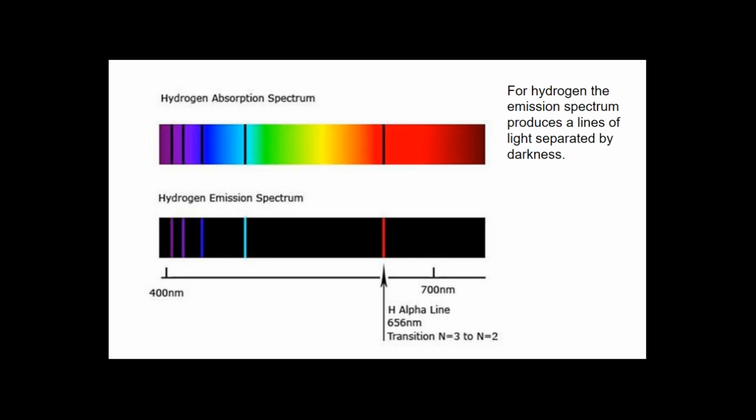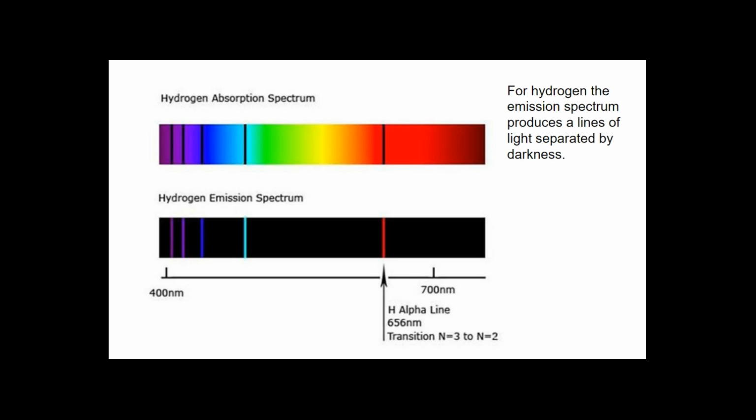For hydrogen, the emission spectrum is produced by a series of lines separated by darkness. So we can see a series of lines and there's darkness between them. This is an emission spectrum. You could also have an absorption spectrum where you have lines of darkness between a continuous color.